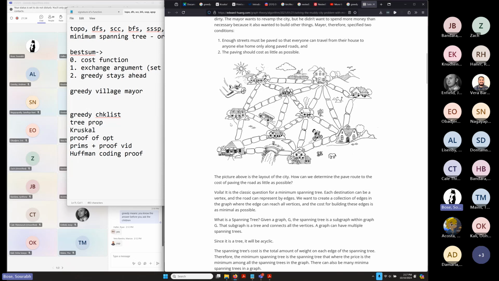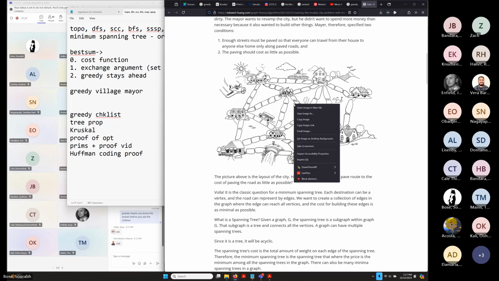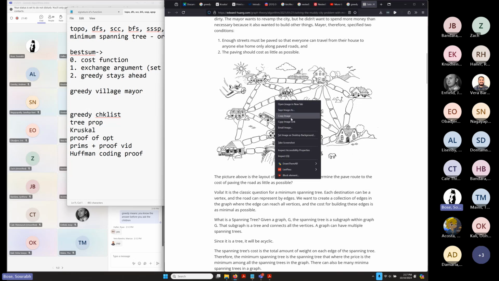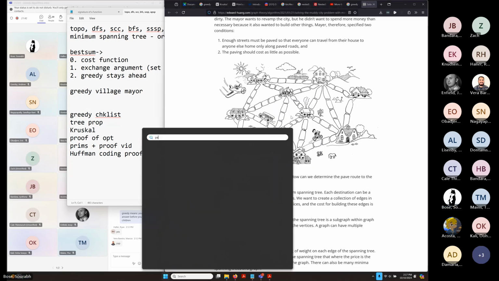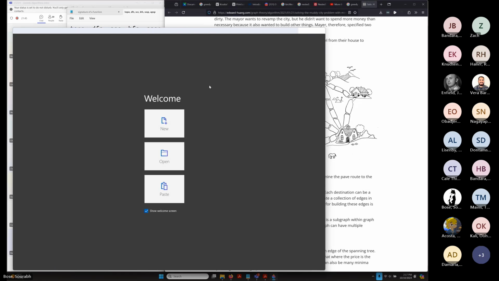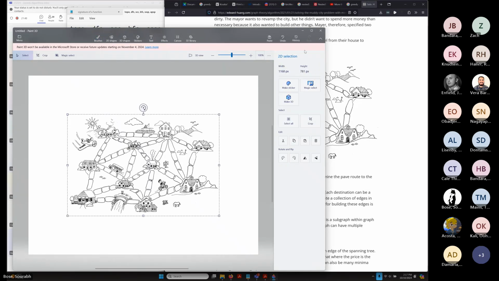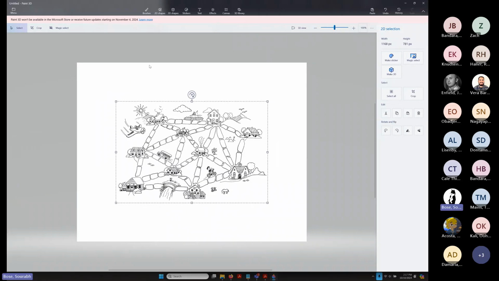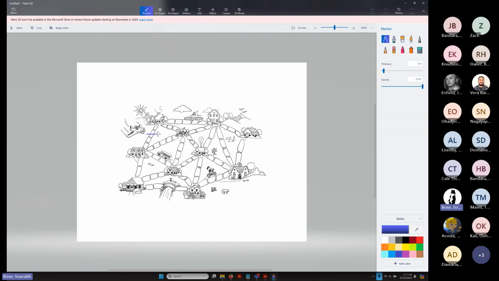So which means that I can basically just decide that, you know what, being the mayor, I will be discontinuing this road, maybe this road, let's say this road, this one, this one, maybe this one.